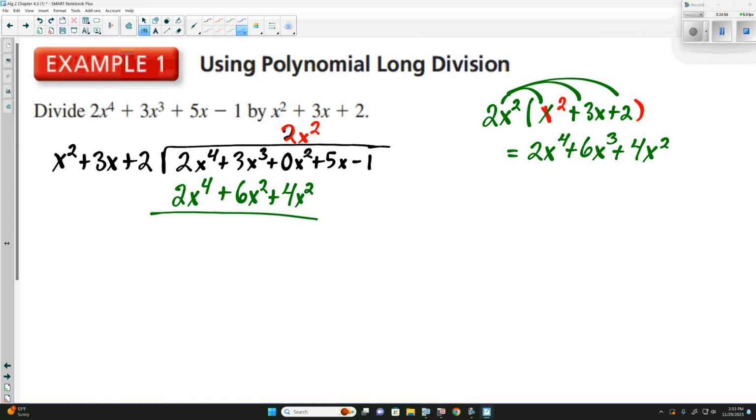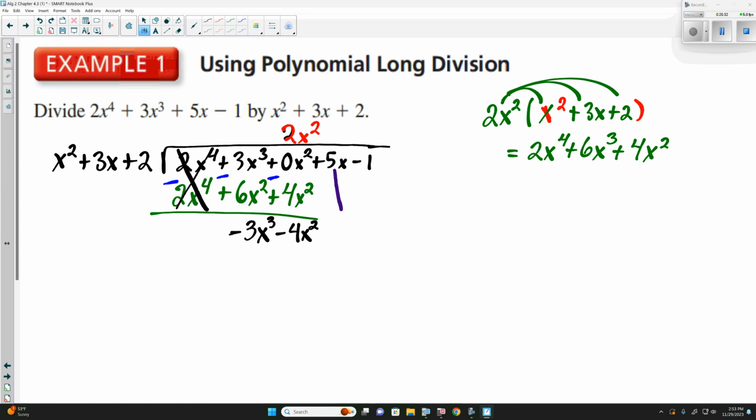And again, just like the last problem, we're going to subtract. 2x to the fourth minus 2x to the fourth is 0. 3x cubed minus 6x cubed is negative 3x cubed. 0x squared minus 4x squared, negative 4x squared.